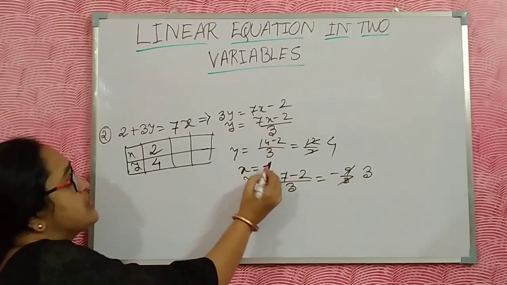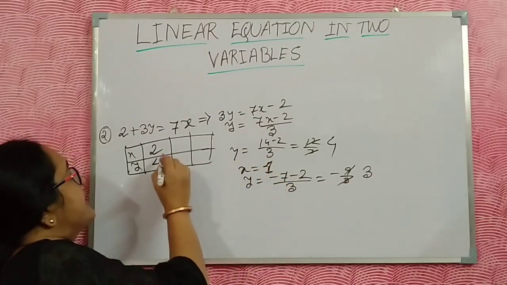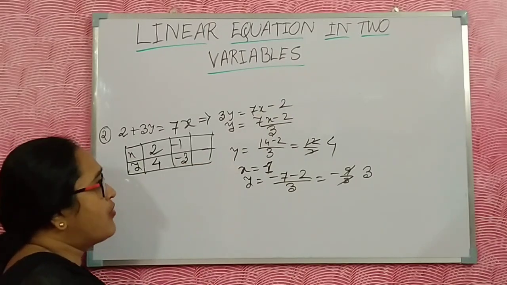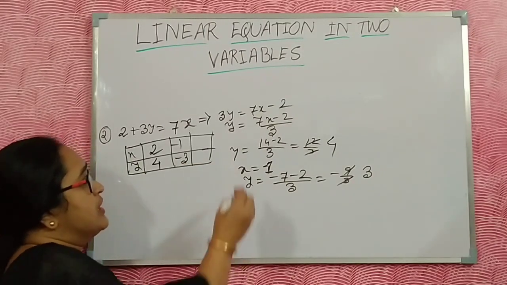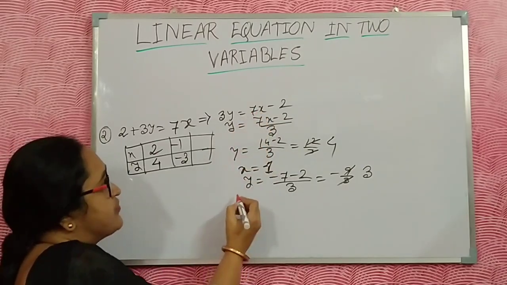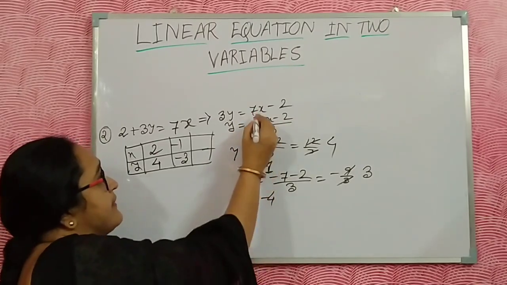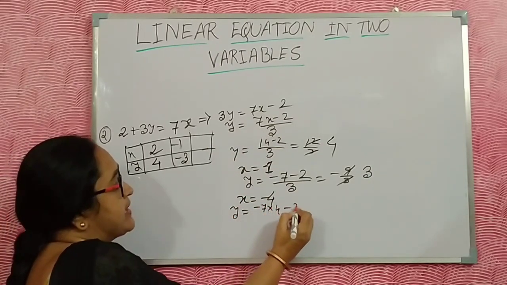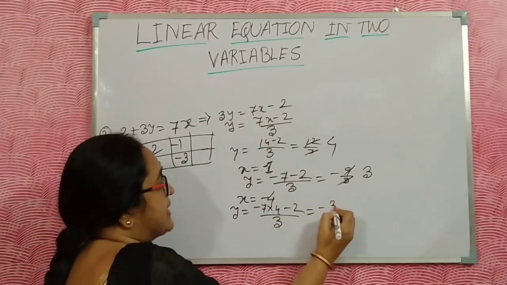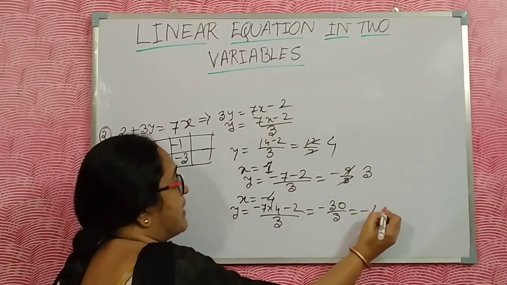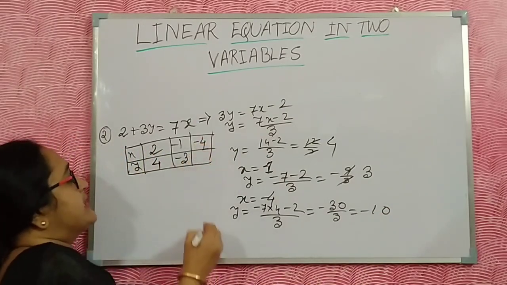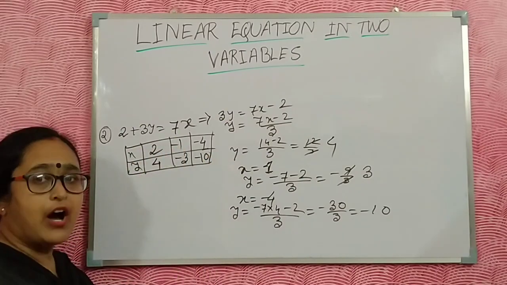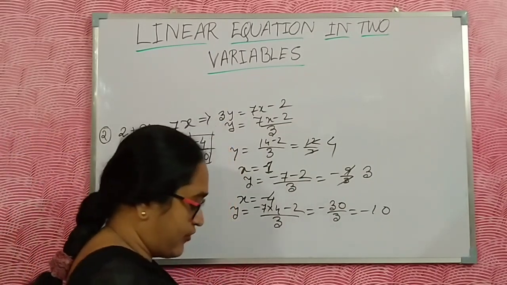Now I am taking x as minus 4, then y becomes minus 7 into 4 minus 2 by 3, which is minus 30 by 3, equal to minus 10. I take these values. Now I just draw the graph.